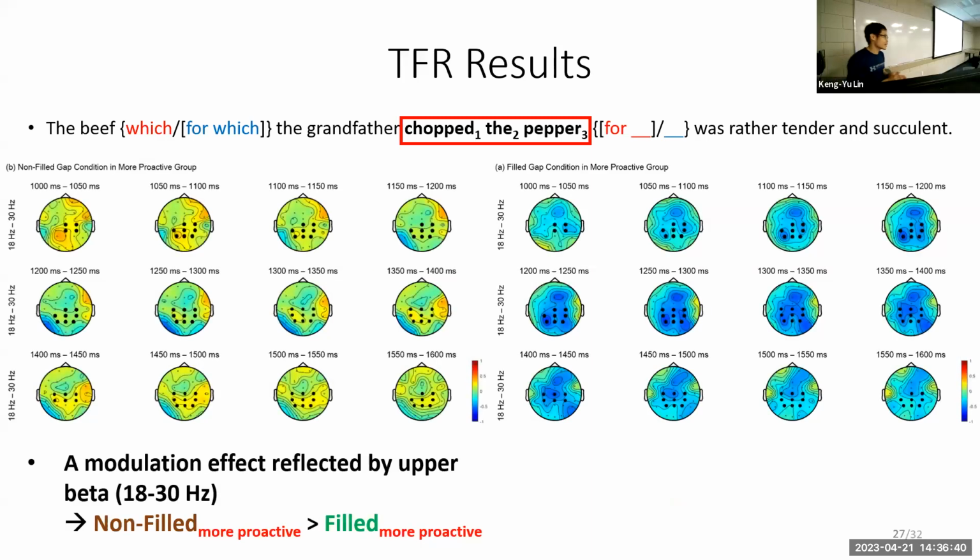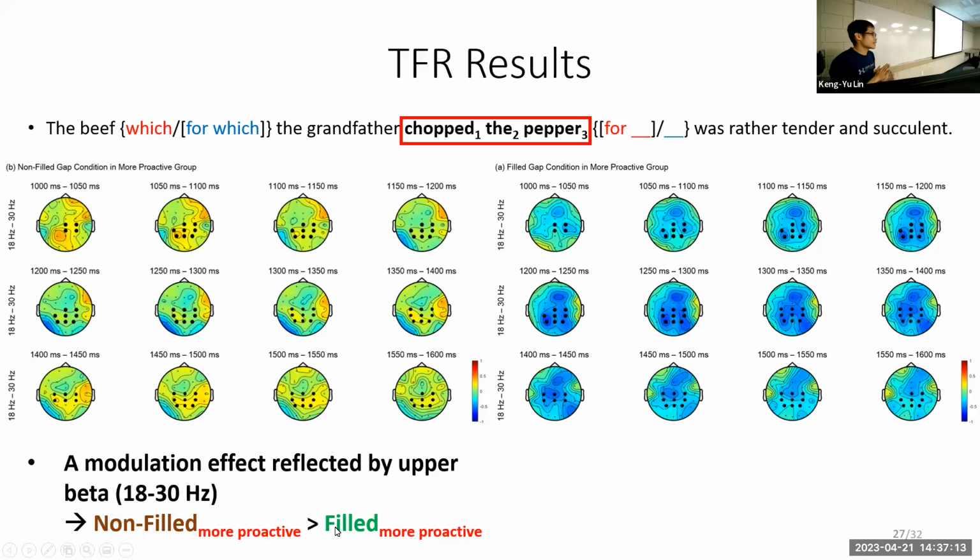We indeed found a modulation effect, which is reflected by the upper beta frequency band. And this is also a filled gap effect, because for the upper beta frequency, if sentences are not disrupted, it would elicit a larger beta power. But when it is disrupted, then the beta power would decrease. So that's why the filled gap has a lower beta power.